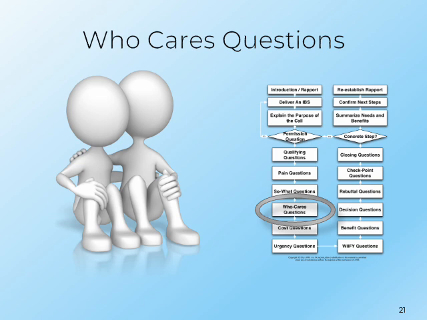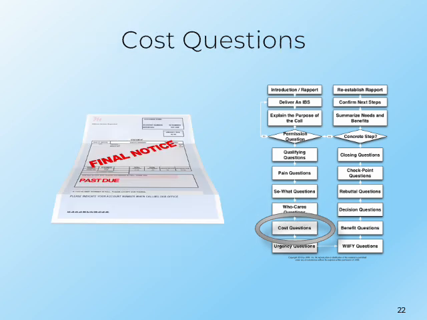We also ask who would be affected if they can't meet their goals or overcome their challenges, with who cares questions such as who is impacted if you can't achieve your sales goals, in order to uncover other stakeholders we should talk to and any other costs that would further justify our solution. We then ask what costs are associated with or are a consequence of their not meeting their goals or overcoming their challenges, with cost questions like, if you can't achieve your sales objectives, what are some of the financial impacts on your company, in order to identify any costs we can help reduce.